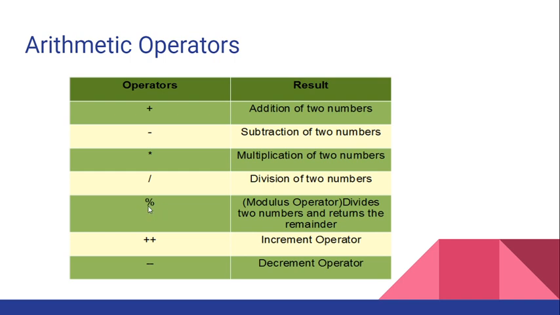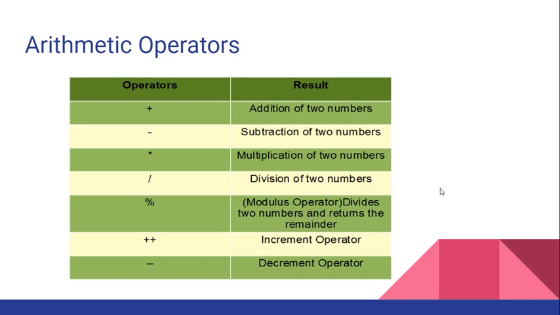The modulus operator does the same thing that the division operator does, but it does not return the quotient. The division operator completes the division and returns the quotient. But the modulus operator completes the division and returns the remainder.